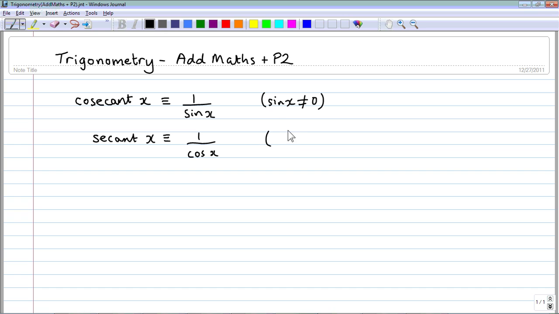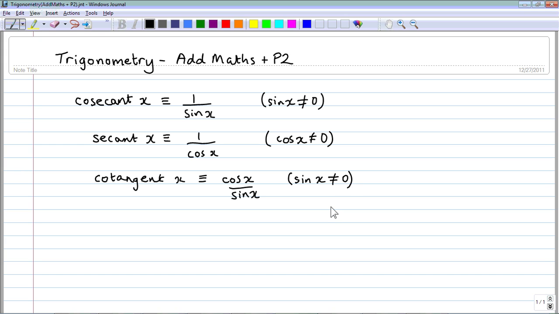Obviously, cosine x cannot be 0. And lastly, cotangent x is defined not as 1 over tangent x, but as cosine x over sine x. Sine x again cannot be 0.